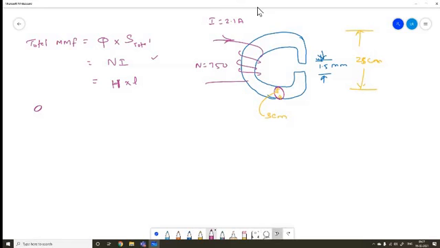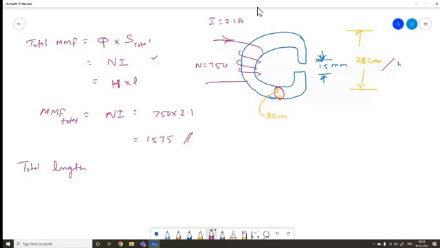And what will be the total length? Using this diameter, you can find the total length. That is 2 pi into R. So R is how much? 25 by 2 into 10 to the power minus 2. So pi into 25 into 10 to the power minus 2, you will get 0.785 meter.